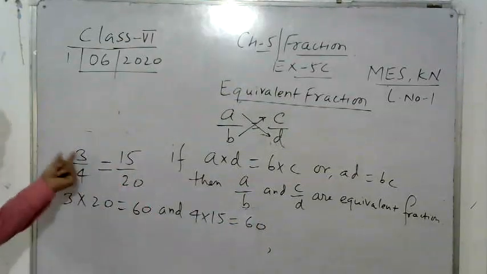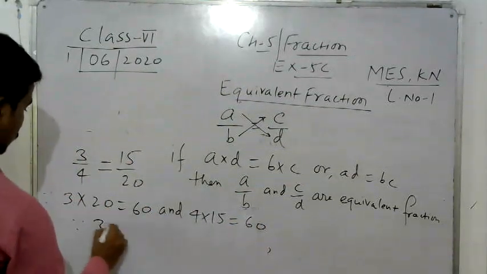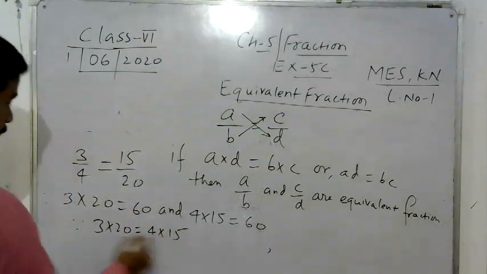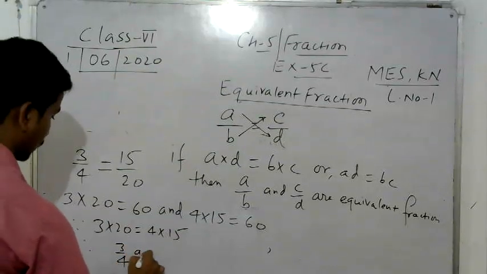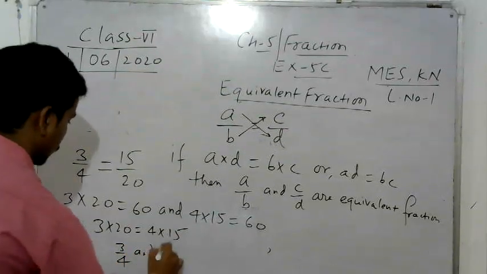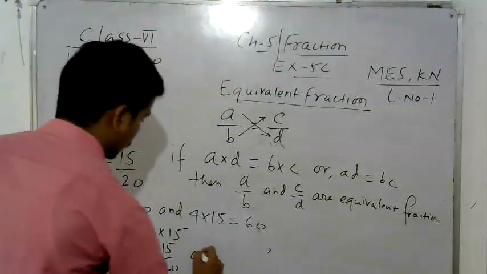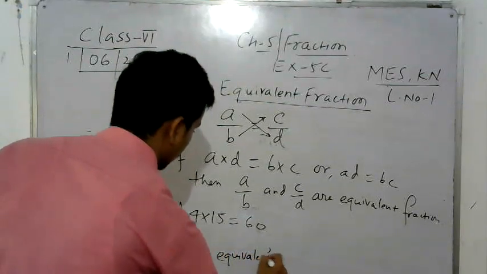Since both are equal, 3 into 20 equals 4 into 15, therefore we can say that 3 by 4 and 15 by 20 are equivalent fractions.